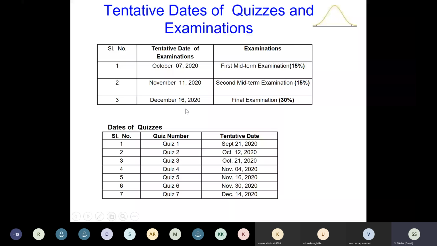Quiz number 1, you have already gotten your result. Quiz number 2 and quiz number 3, I'll tell you. After October 7th, I'll tell you that day also, that October 12 is going to be the quiz date, like that. So we'll proceed like this.